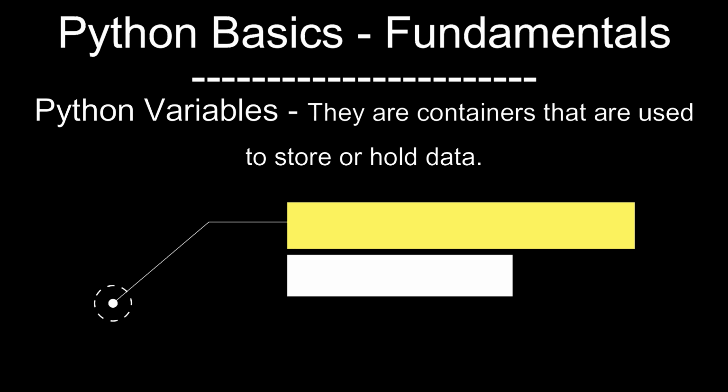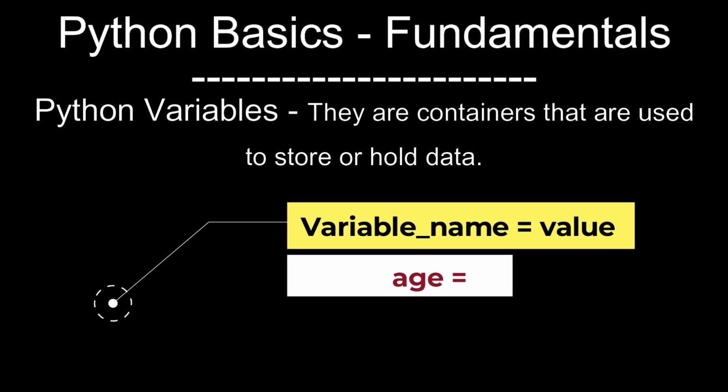So: variable name equals value. That is the syntax for defining a Python variable. For example, we want to define a variable named age equals 10. Here, age is a Python variable name.